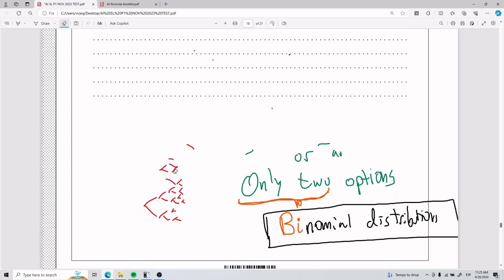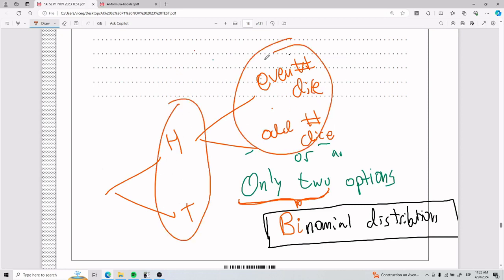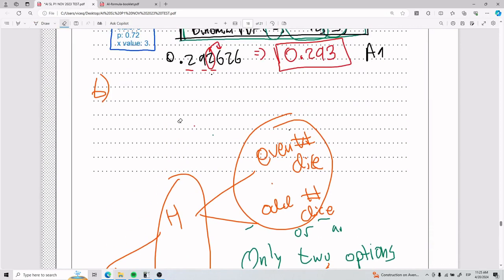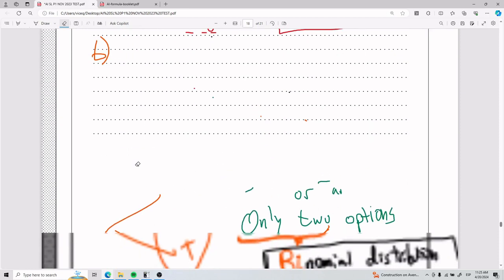For example, you can also do a tree diagram for heads or tails, and then an even number on a dice, or odd number on a dice. Here you have a coin and here you have a dice. That's fine, okay? That's legal. You can do it, and there are exercises on the B that have stuff like that, okay?